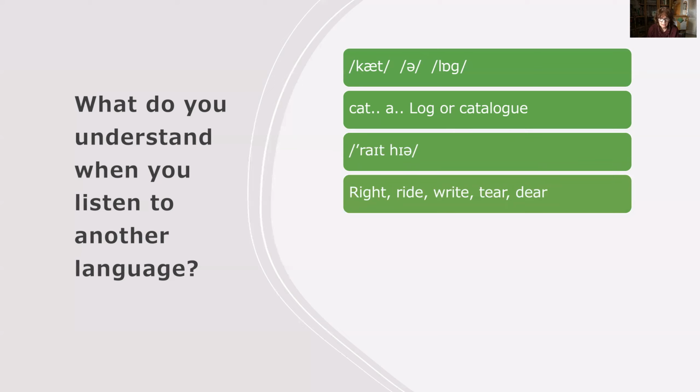Right, ride, right, and then you might think that the word actually begins here. You might think that it becomes "tear" or "dear." So all these possible misconceptions are there, and it means that when you are actually processing sound, you're doing a lot of work.